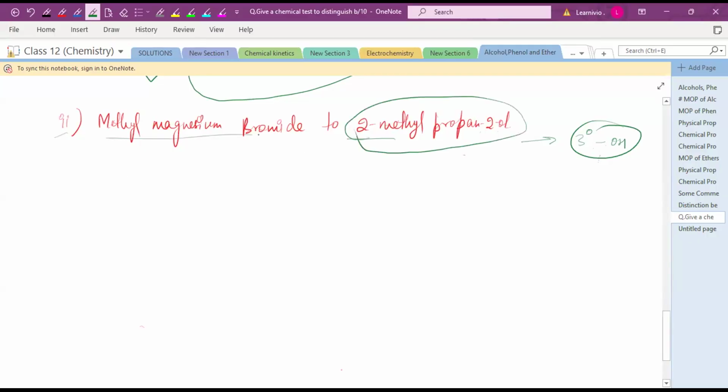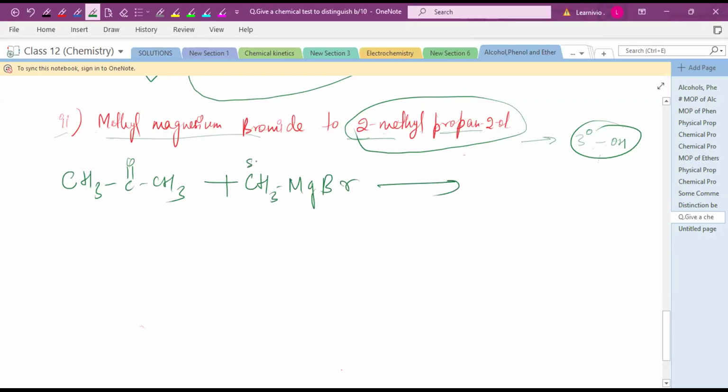So you are just taking the Grignard reagent, right? So just attach... 2-methyl propane 2-ol. So you will take the propanone. Propane है ना, right? So propane से आप क्या लोगे? Propanone. So when you take CH3, CO, CH3 plus this methyl magnesium bromide, CH3MgBr, what will you get?